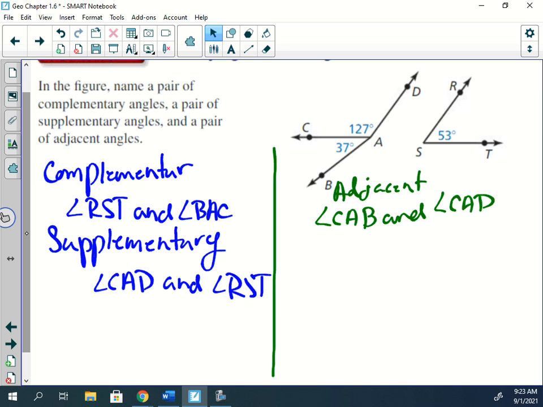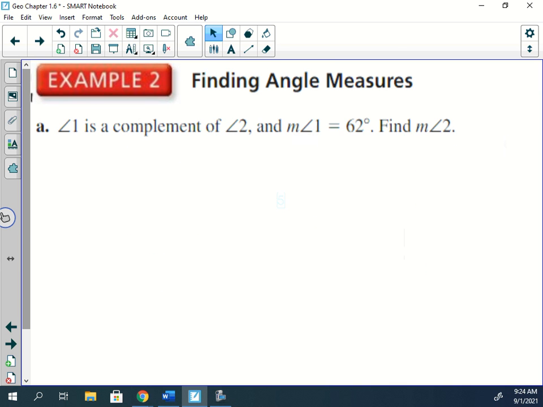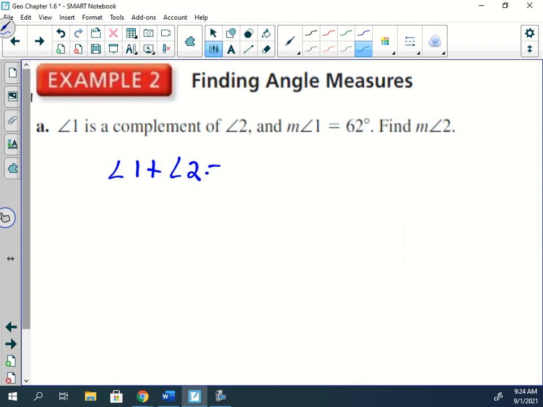Angle 1 is a complement of angle 2. So what does that mean? Angle 1 plus angle 2 is going to equal what? Well, they told us what angle 1 is, didn't they? 62.